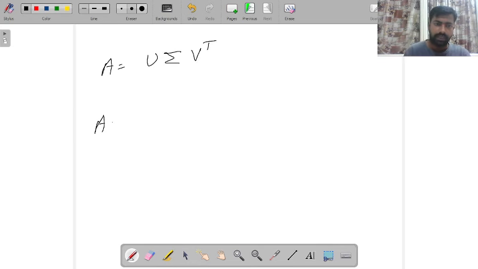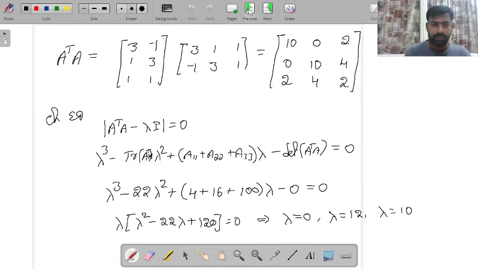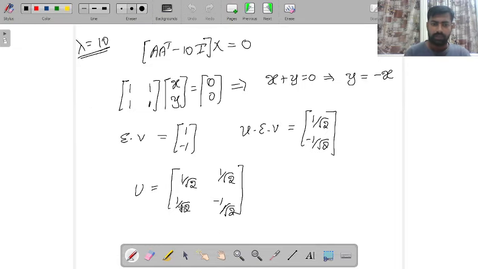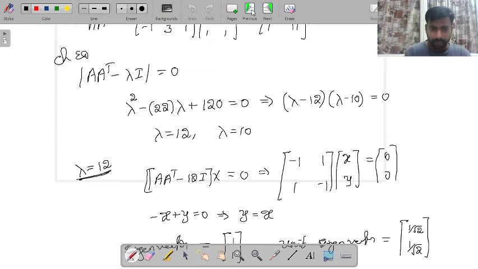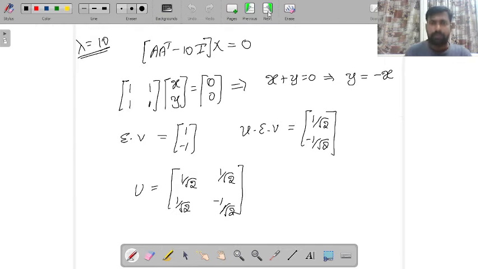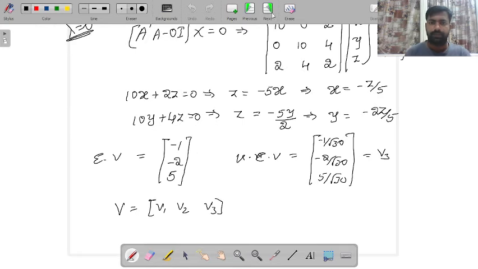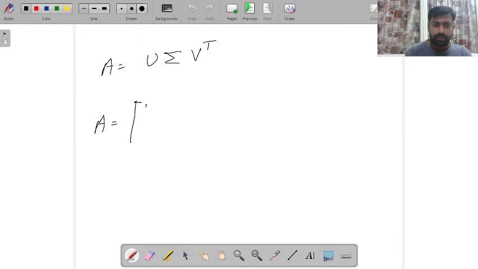We already wrote U. Do you remember where is U? Here, 1 by root 2, 1 by root 2, and 1 by root 2, negative 1 by root 2.